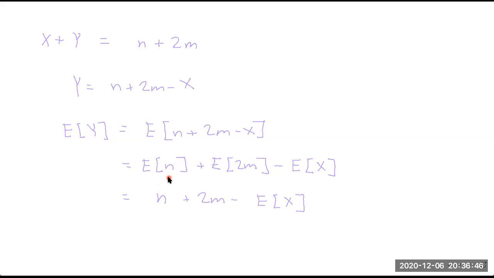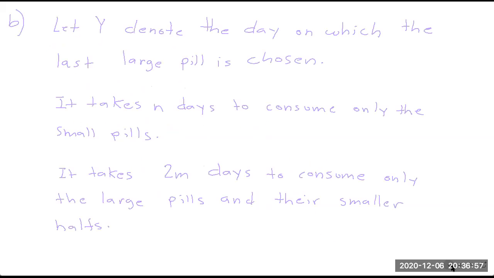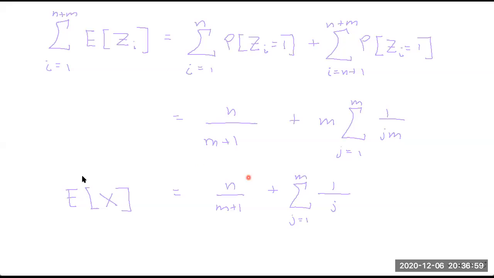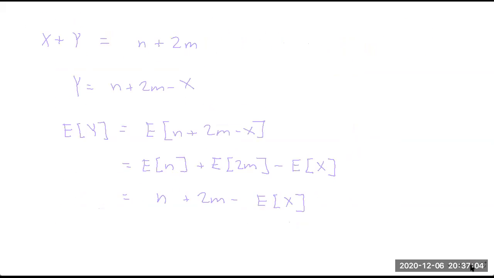The expected value of a constant is just a constant. But x is a variable, so we have to have minus expected value of x here. The expected value of x is the same expected value that we found before, so you can just copy this over here to get a full formula. But this should be fine.